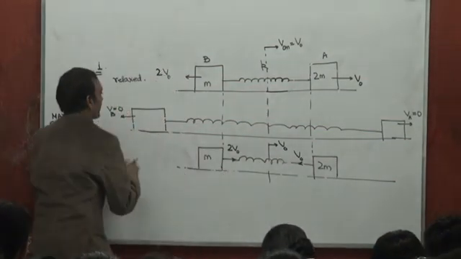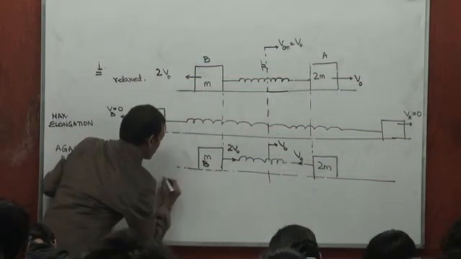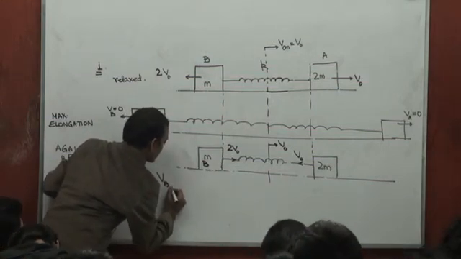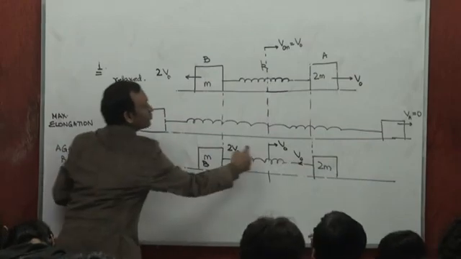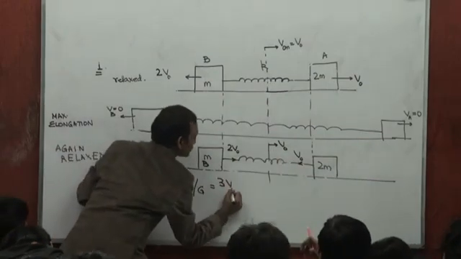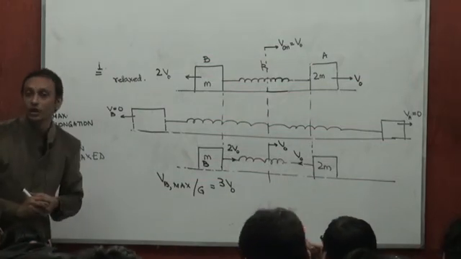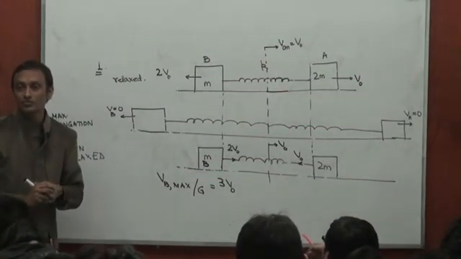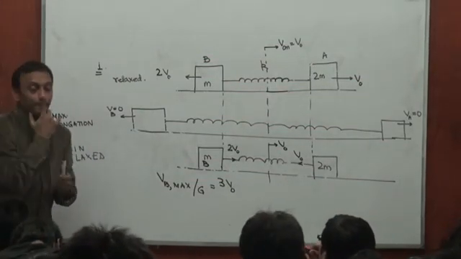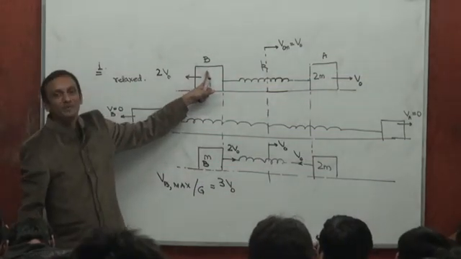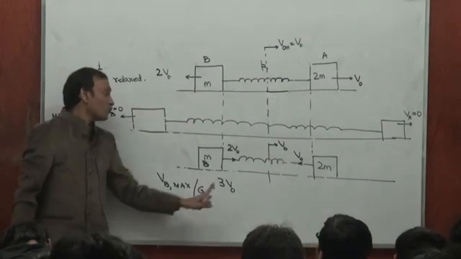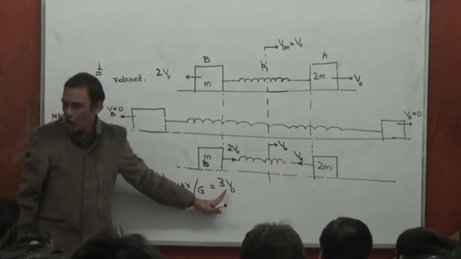So in the ground frame, for part B, Vb max is going to be 2V naught plus V naught, that makes it 3V naught. Right? So the maximum magnitude of velocity of B seen from the ground is going to be 3V naught. Clear?